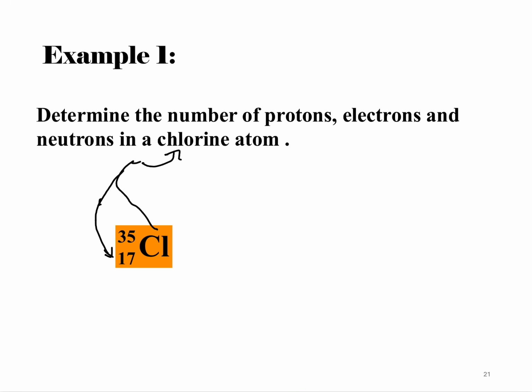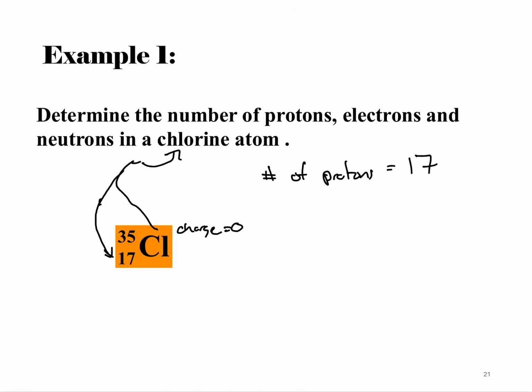That tells us right away that the number of protons equals 17. We see that this is a neutral element. If there was a charge, it would be located right here, but since there's nothing, the charge is 0.